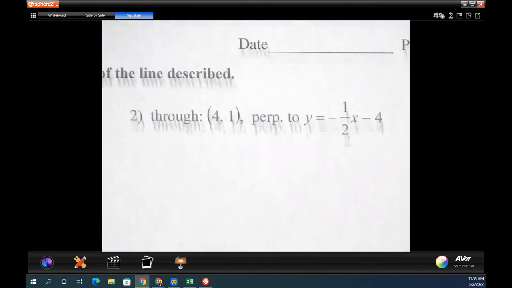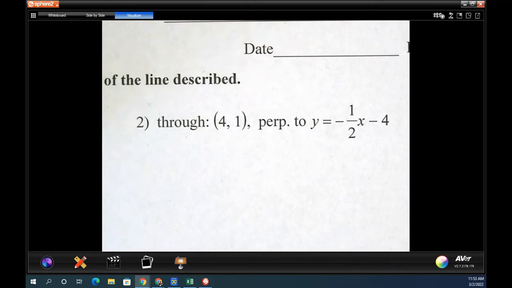Let's look at number 2. Goes through the point 4, 1, and is perpendicular to y equals negative 1/2 x minus 4. So what do we have to do with the slope? It's perpendicular, but how do you change the slope?